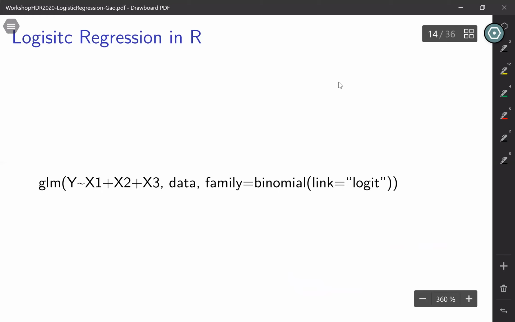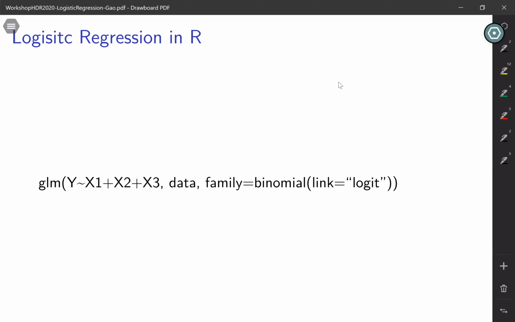All right, then how to conduct logistic regression in R is quite simple. But here I'll just give you a very simple way. This is not the variables from the real data yet. Okay, so the function in R to conduct logistic regression is glm. What glm actually is, is a function for generalized linear regression models.